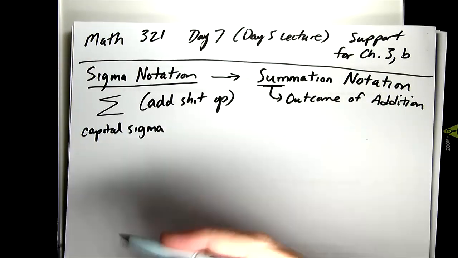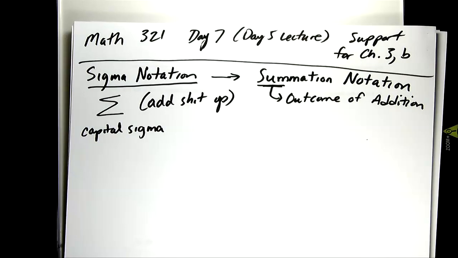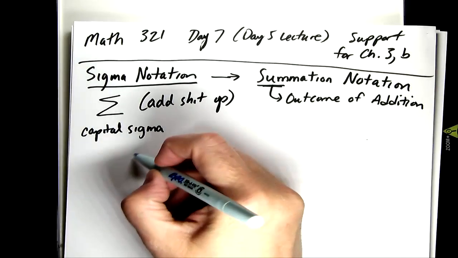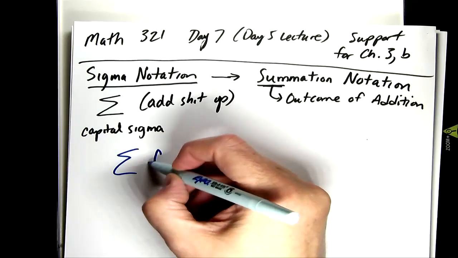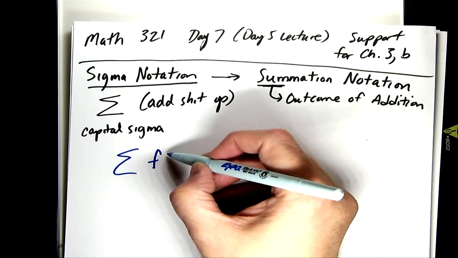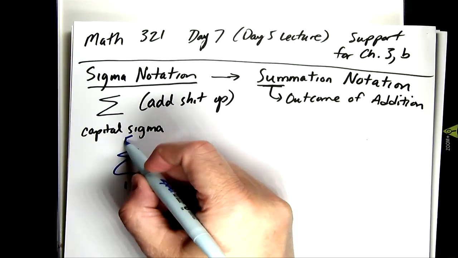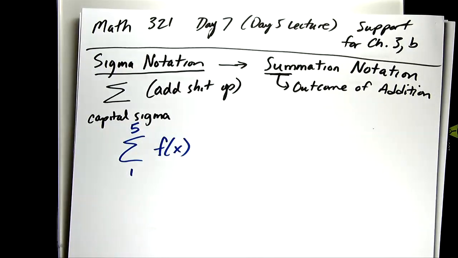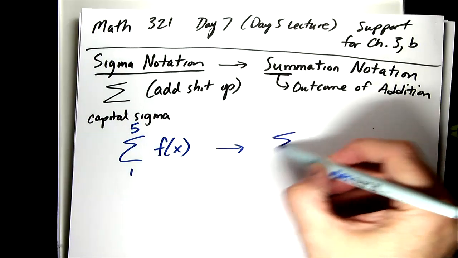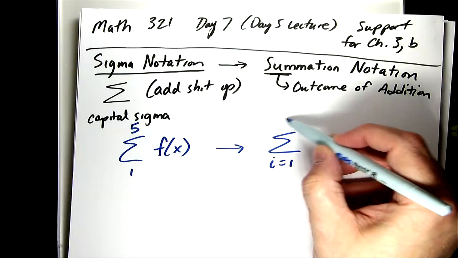We will usually see sigma with some kind of setup. There's some function here. They might put like 1 and a 5 like that. They might also write this as i equals 1 with a 5 up there.